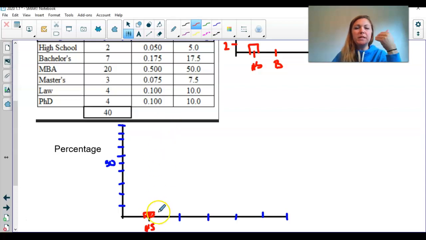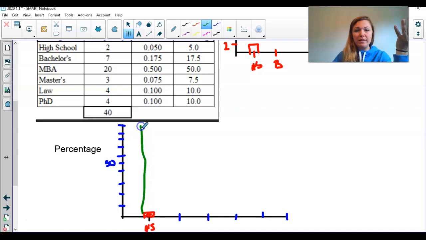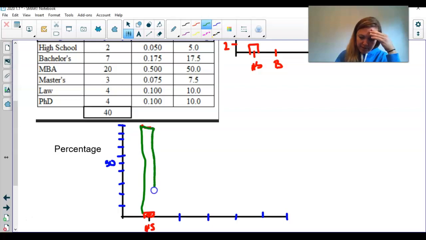Which means if 5% of them had a high school degree, then 95% of them did not have a high school degree.